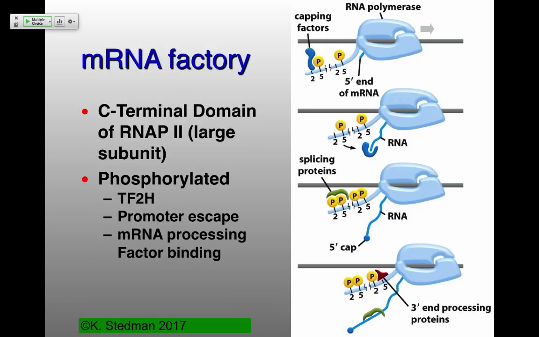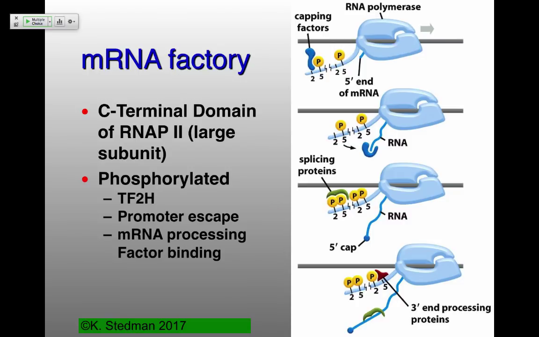They can get phosphorylated. And that seems to be one of the other activities of TFIIH. So it's not just helicase, but also phosphorylation. TFIIH contains a kinase subunit as part of the TFIIH machinery. That phosphorylation is important for escaping from the promoter.